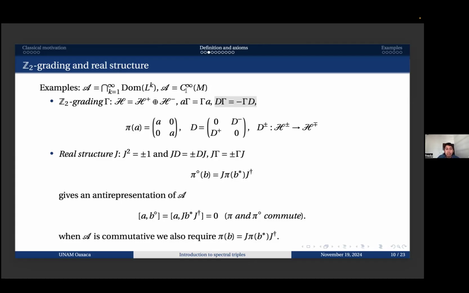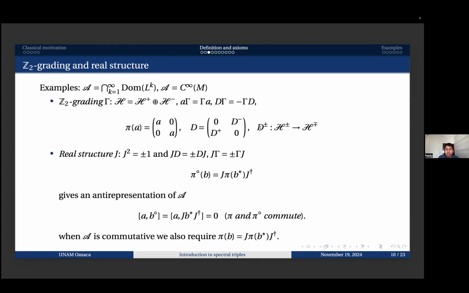So in the Z2 grading, the representation and the Dirac operator look like these 2 by 2 matrices.